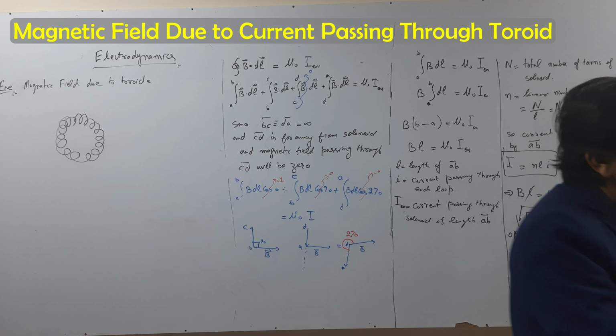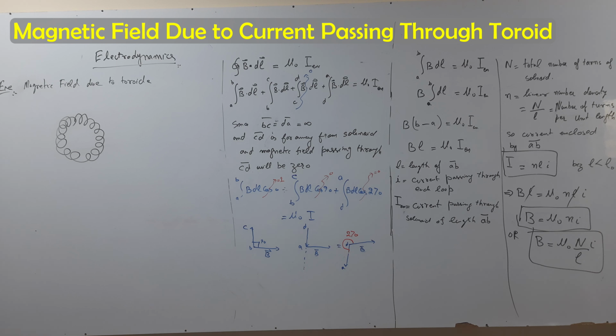If we join both ends of the solenoid, then it will make a toroid.